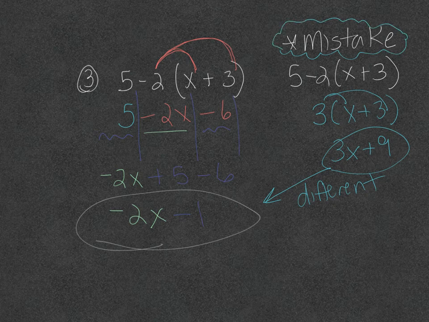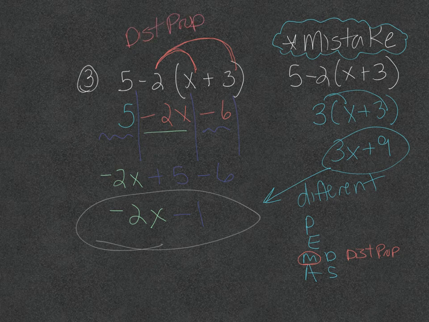Order of operations: parentheses, exponents, multiply and divide in the order that they appear left to right, and then add and subtract in the order that they appear left to right. Our distributive property actually fits in with the multiplication. So I have a choice in this problem: do I do the distributive property first, or do I do this subtraction first?